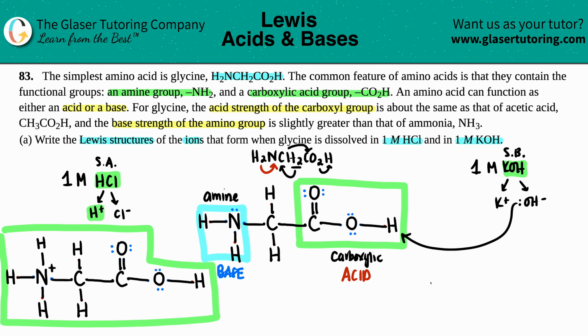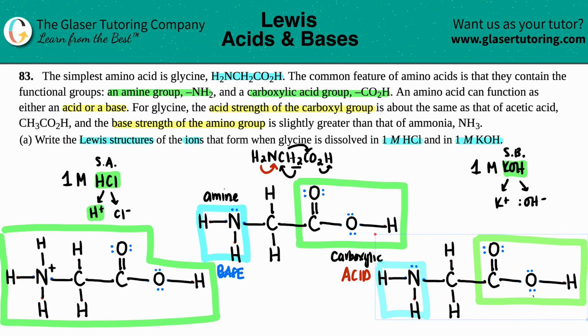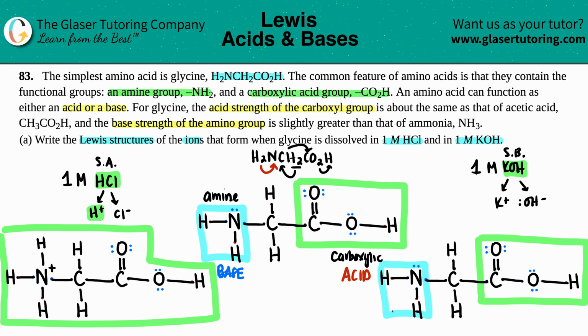So I'm going to just paste that again, just so that we don't waste time. I'm going to get rid of the boxes. I'm not going to work on the base side. And I'm going to remove this H, because that goes to the base now. Goodbye. And you have those two lone electrons. They go back to the oxygen.